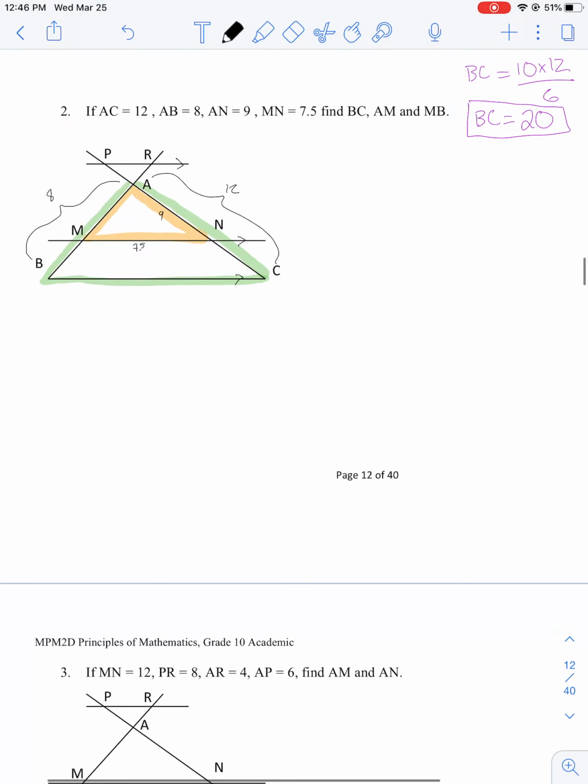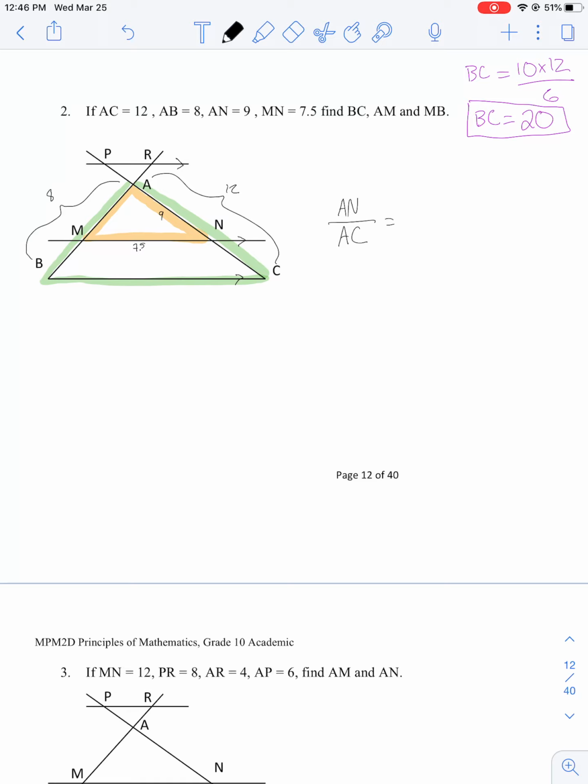So then I take a look at my side lengths, and let's take a look at AN. I know AN, so that side length there from A to N is in ratio to the bigger triangle. AC is the same side in the bigger triangle, so I multiplied AN by something to get the number 12, to get AC.